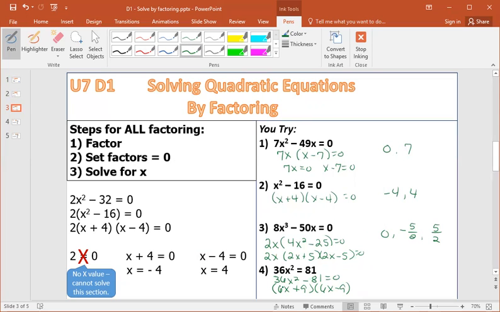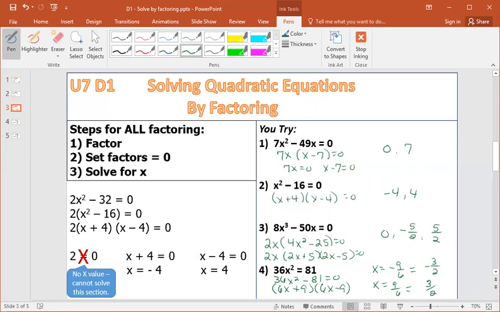I could pull them out now, or I can just wait and solve at the end. If I set it equal to 0, I would have x is equal to a -9/6, and I can just simplify that. Okay, they're both divisible by 3, so a -3 halves. And I also would have the positive of that, which is +3 halves.